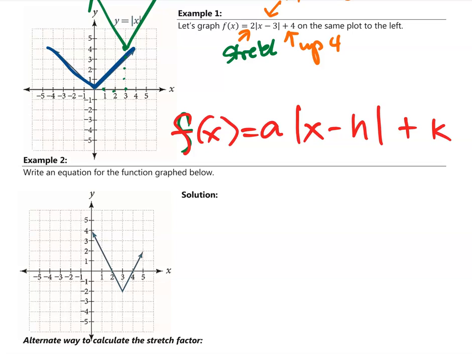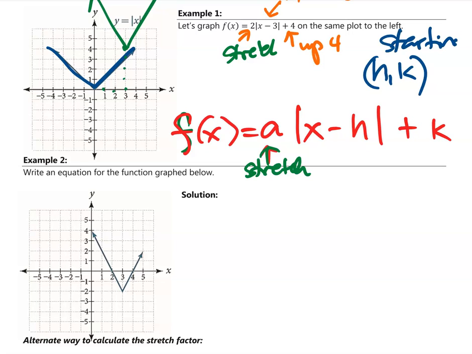So this a is the stretch factor. (h, k) is the starting point. And h, like what we did for number 1, is either to the left or to the right. k is up or down.